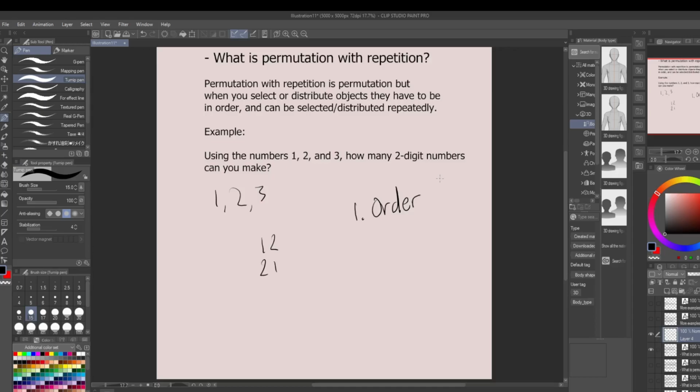So in the question, it does not say that the numbers can't be repeated, so I can also do 1, 1 to make 11, or 2, 2 to make 22. Which also means that the objects in this question can be repeated, which makes this a permutation with repetition problem.